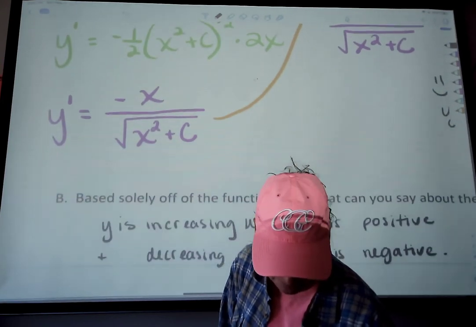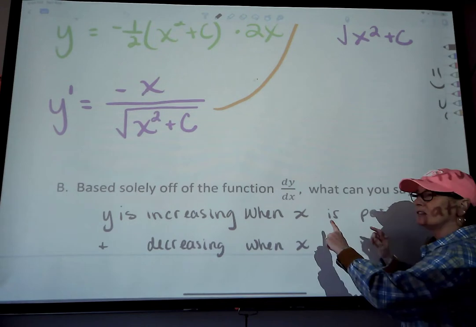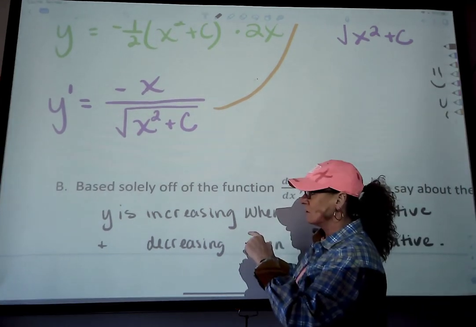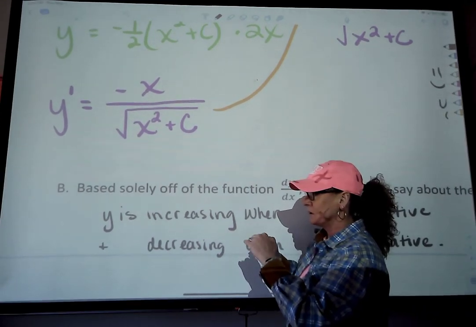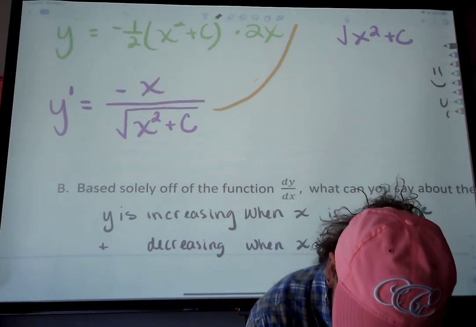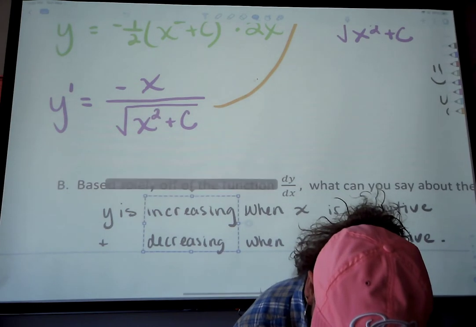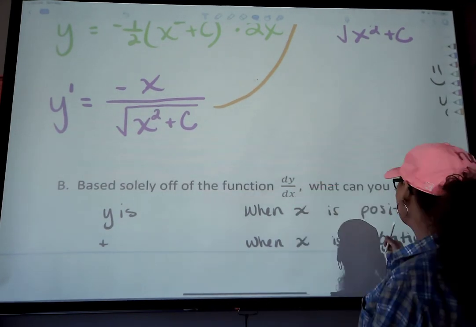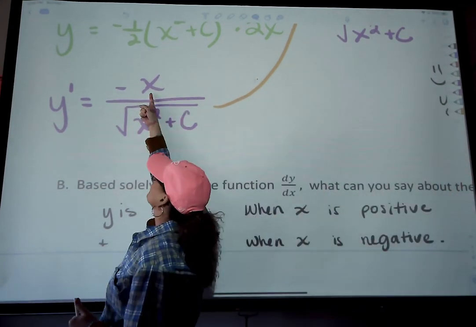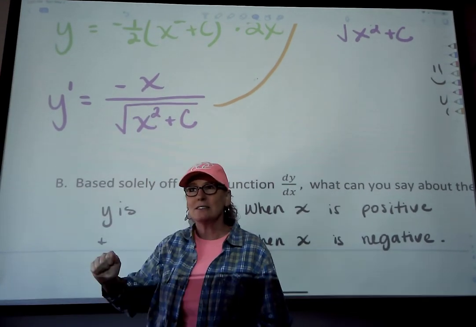Here's what I can say. When x is positive, hold on a minute. I think I might have written these wrong. Let me process as I'm going through. When x is positive, this fraction is negative, my slope is negative.